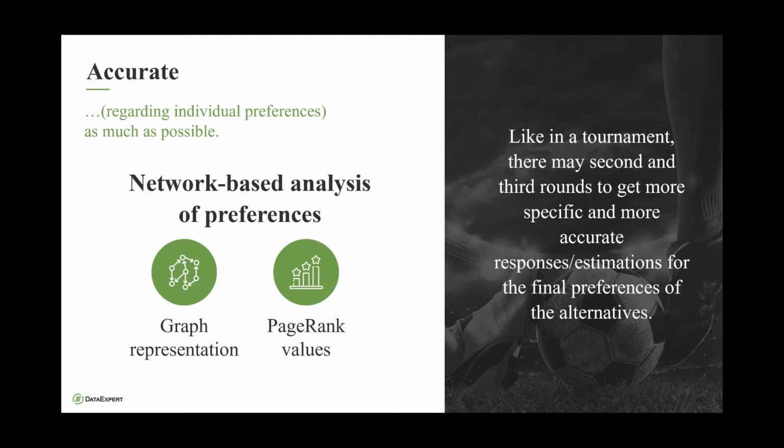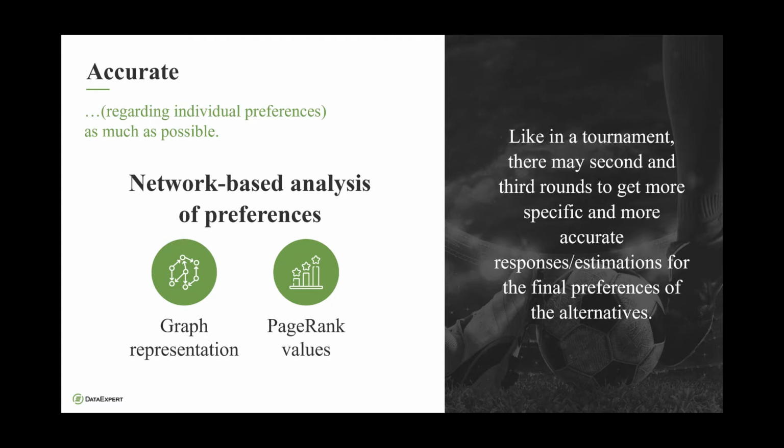For accuracy, there are two key concepts. The first is looking at the MaxDiff responses in a different way: we transformed them to graph representations. If you have graphs, you can use graph theory, which is a big part of mathematics with all kinds of results there.